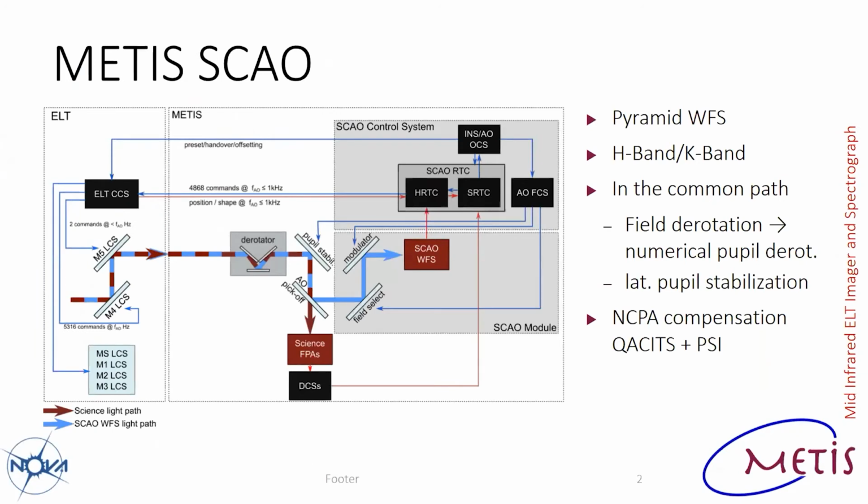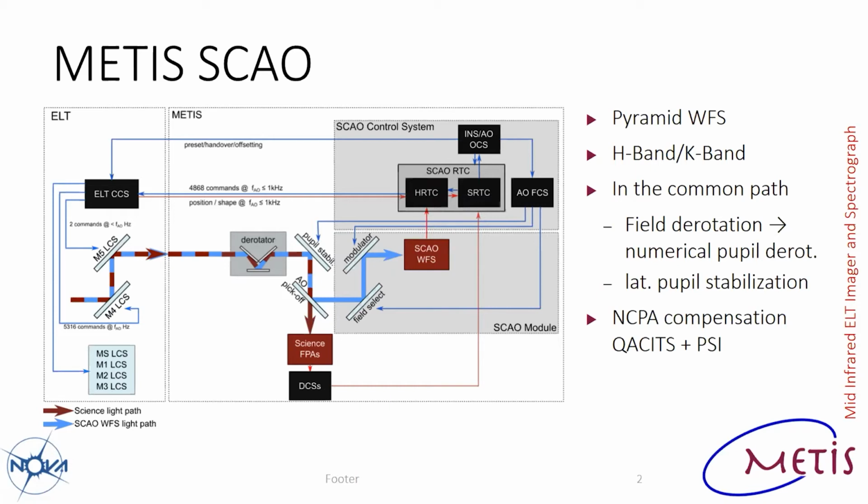So here's the layout of our system. It's a pyramid wavefront sensor. With regard to the already heavily discussed petaling problem, we have a slight advantage. We are operating in the near infrared, so our wavelength is longer, H-band and K-band. And we have also a number of peculiarities.